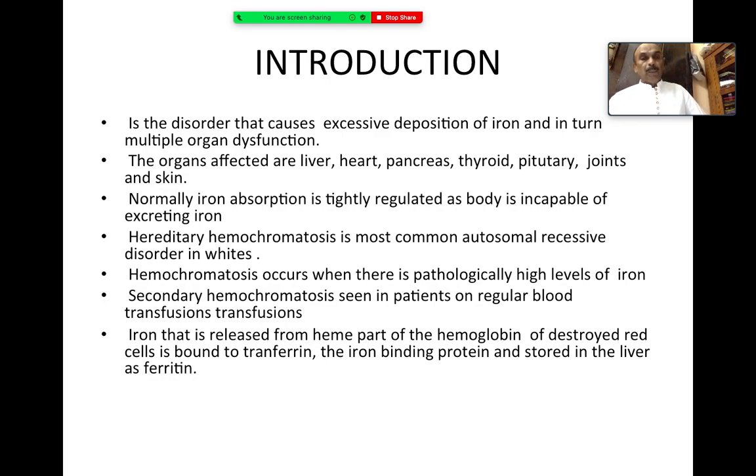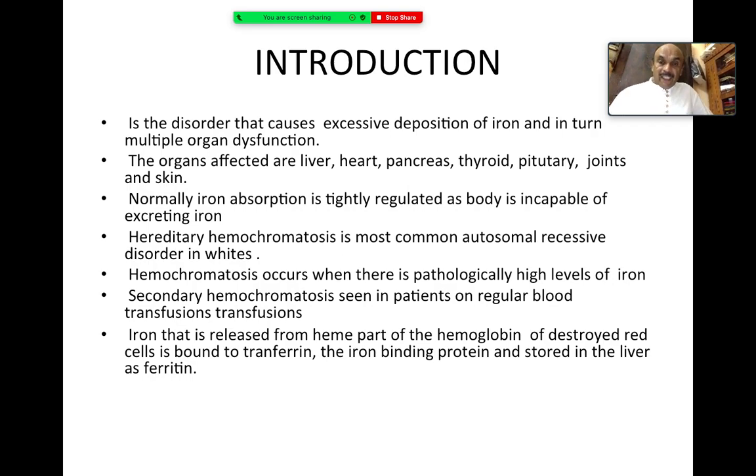Coming to hereditary hemochromatosis, it is the most common autosomal recessive disorder, particularly in whites. It occurs when there is pathologically high level of iron in the body.